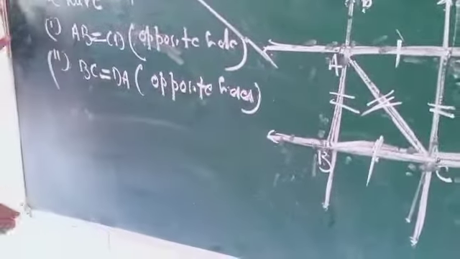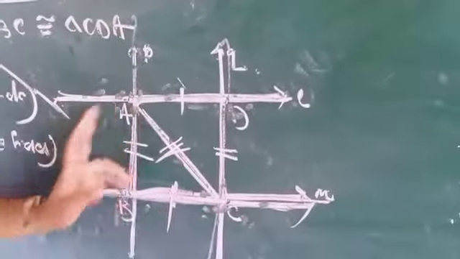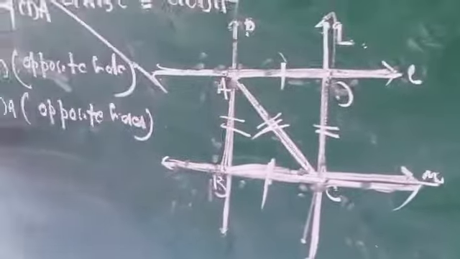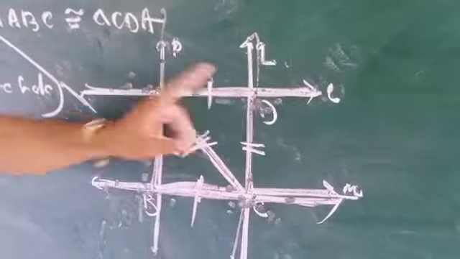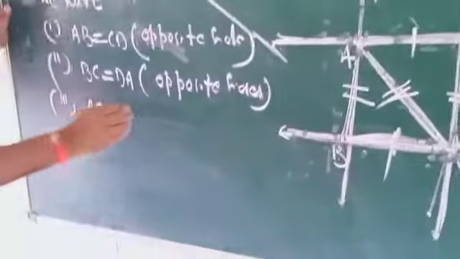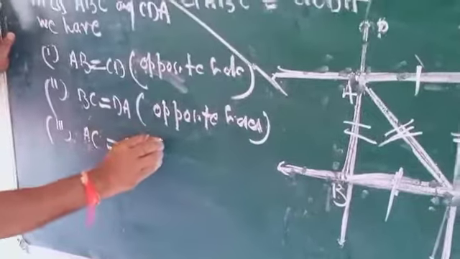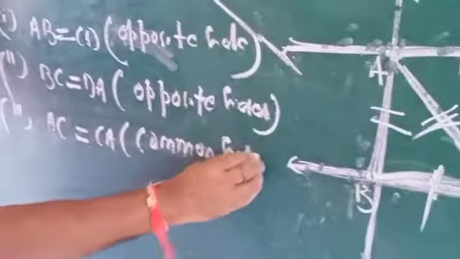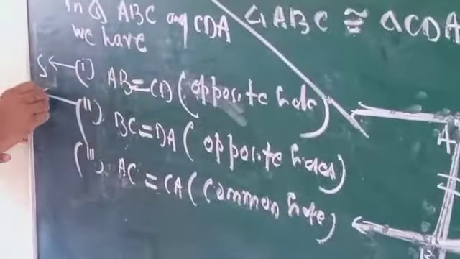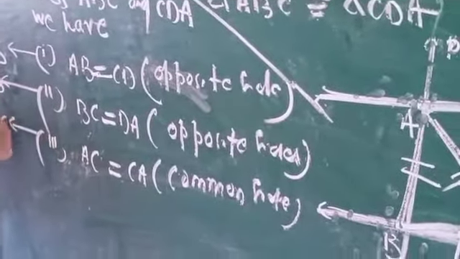Third, in triangle ABC, AC, and in triangle CDA, CA. AC is equal to CA. This is the common side. So this is SSS.